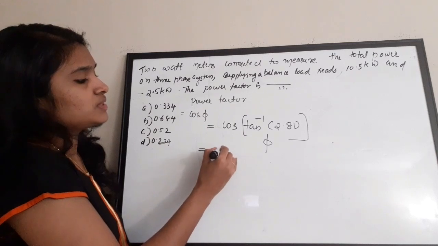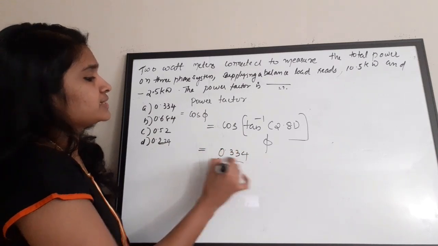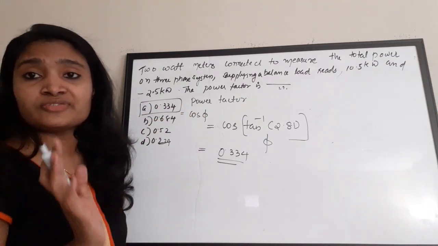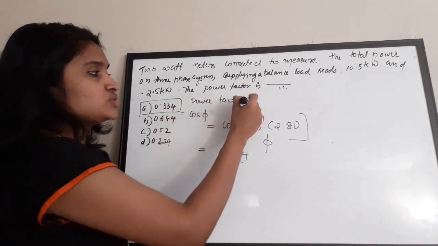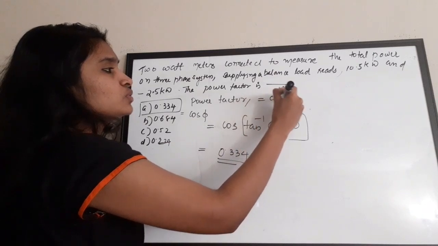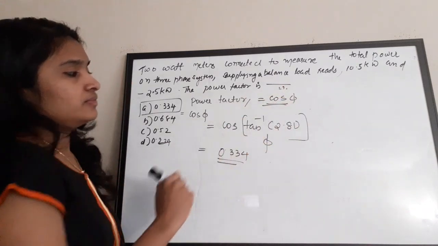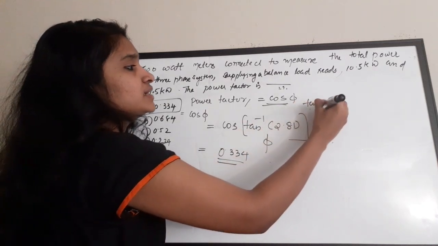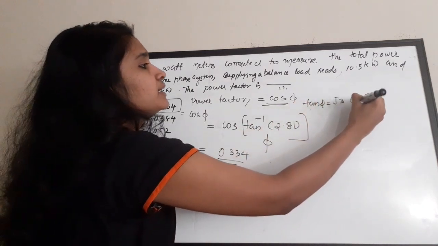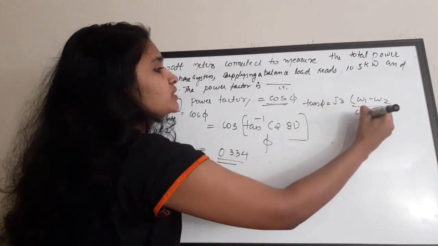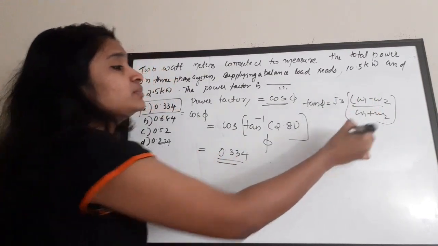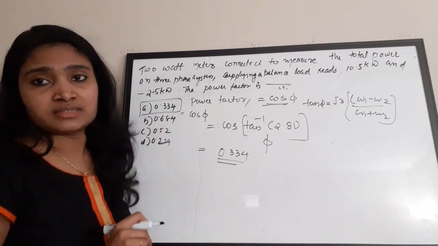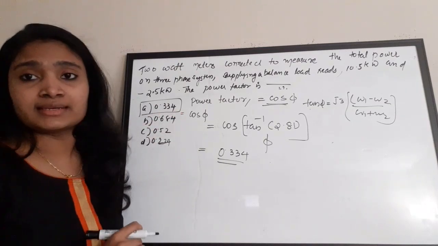And you will get the value as 0.334, which is option A, the correct answer. So please note down, power factor is equal to cos phi, where we are taking phi from the relation tan phi is equal to root 3 (W1 minus W2) by (W1 plus W2), where W1 and W2 are the readings of the 2 wattmeters. Correct answer here is option A.